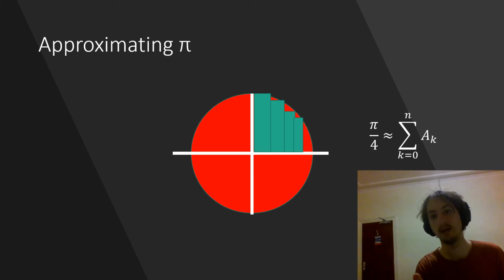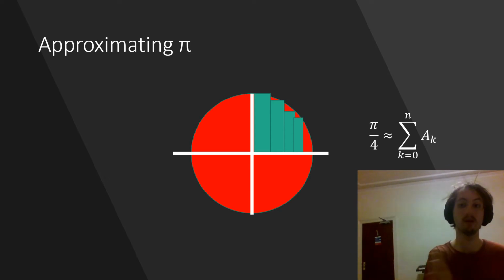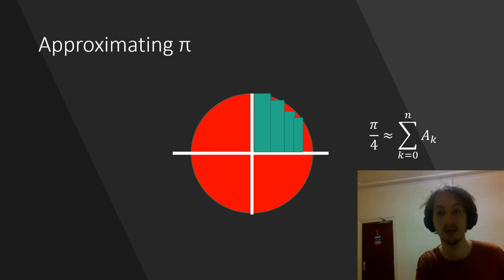So the last rectangle is going to have a tiny width and height, and therefore it won't contribute much to the area. What will contribute much more to the area, if all these rectangles have equal width, is the initial one, because we can see from the diagram that it has the biggest height.